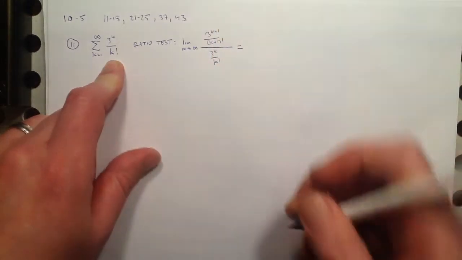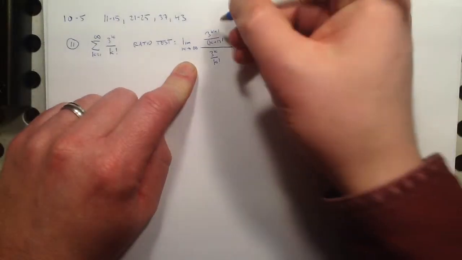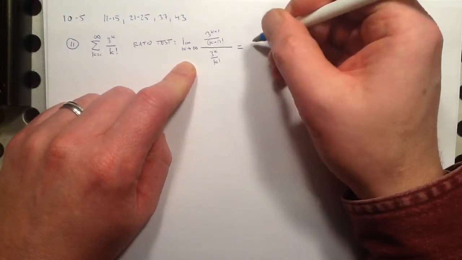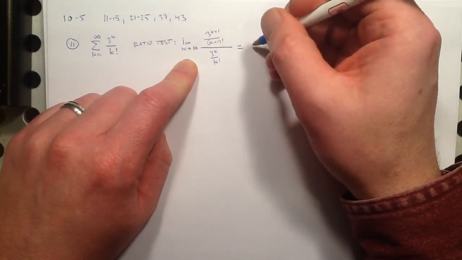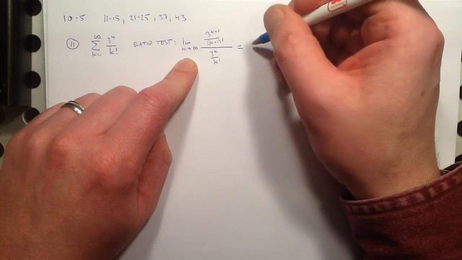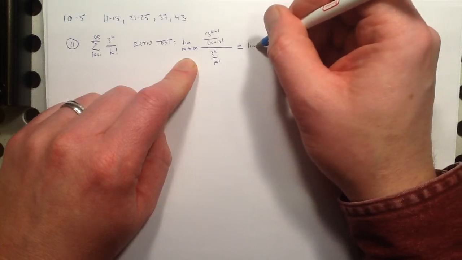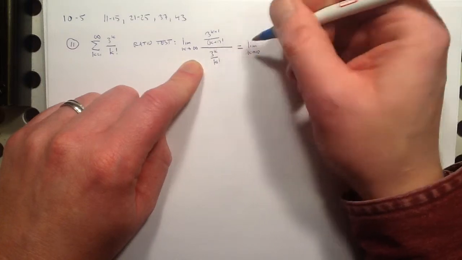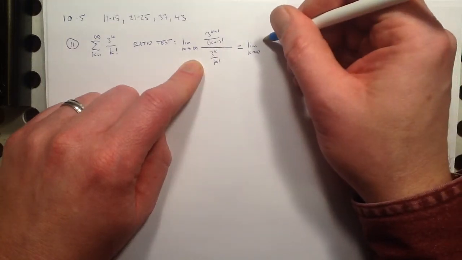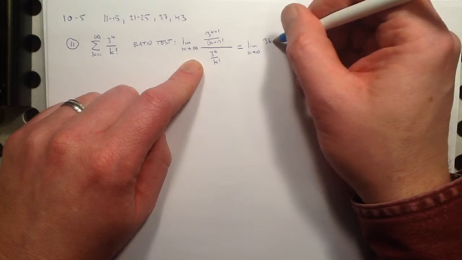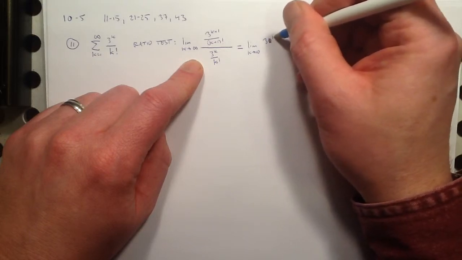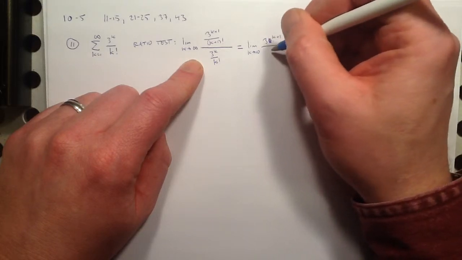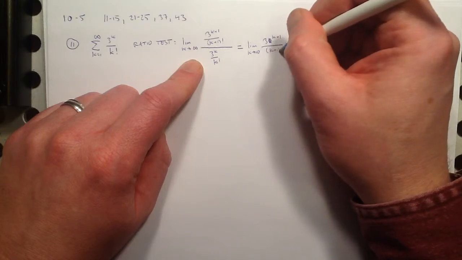And I'm not going to write it out like this too many more times because it just gets kind of messy. So I know that dividing by a fraction is the same as multiplying by the reciprocal, so I think in problems after this one I'll probably just immediately go to writing it like 3 to the k plus 1 over k plus 1 factorial.